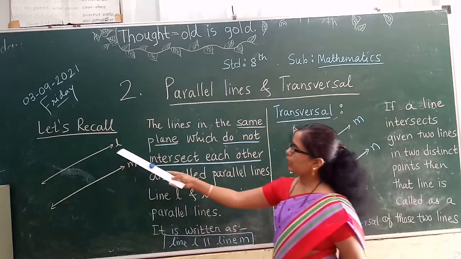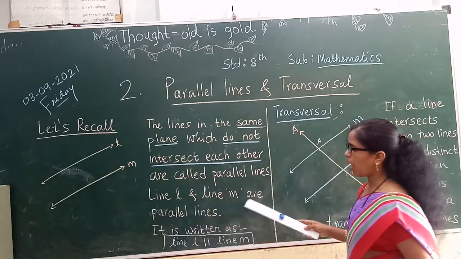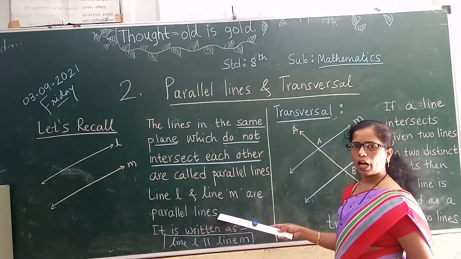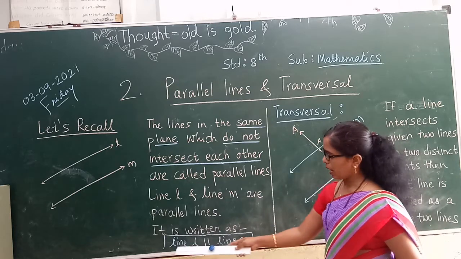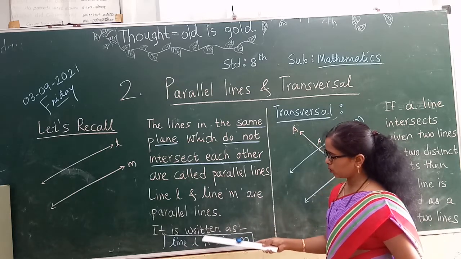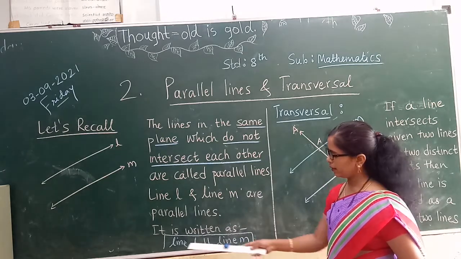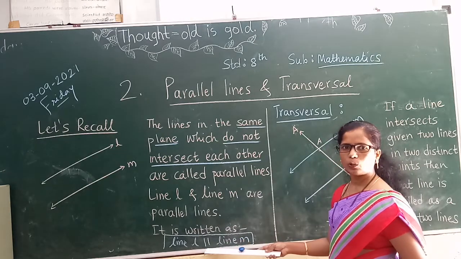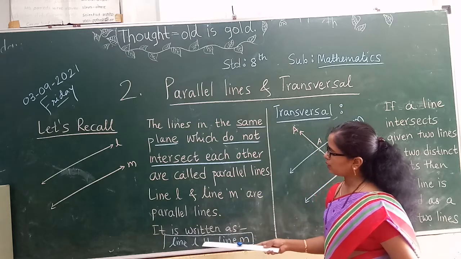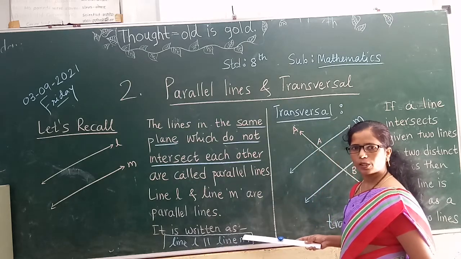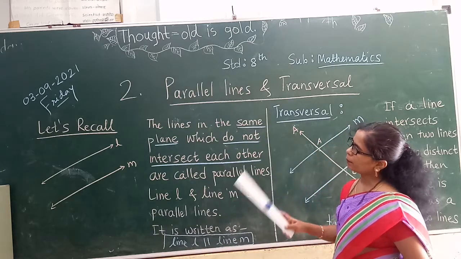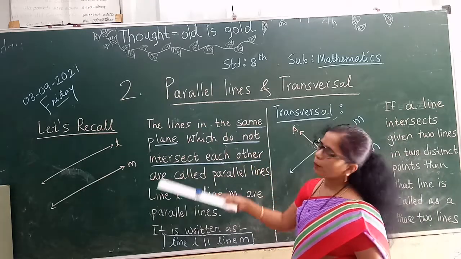Here line L and line M are parallel lines and it is written as line L parallel line M. There are two standing lines which denote that these two lines are parallel. And how to read it? Line L is parallel to line M. Understood? Once again, repeat it. What are parallel lines?